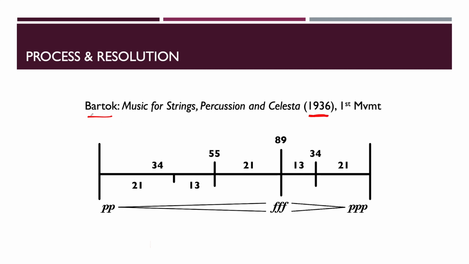And this work was also commissioned by Paul Sacher. So the process here is a dynamic process from pianissimo to fortissimo and then back to pianissimo, a shorter resolution part.